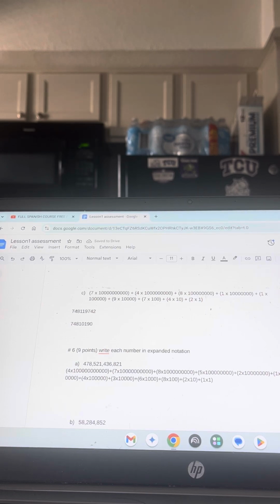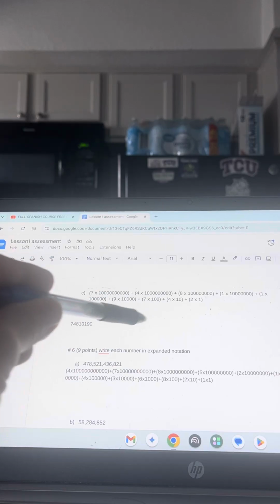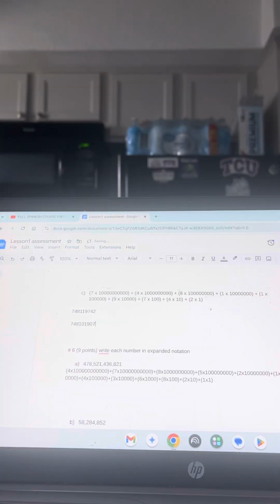What place value comes right below the thousands place? The hundreds place does. And do you see anything being multiplied by 100 in this problem? Yes, we do. There's a 7 times 100, which means that 7 is going to go in the hundreds place. What place value comes below hundreds? The tens does. Do you see anything in this problem being multiplied by tens?